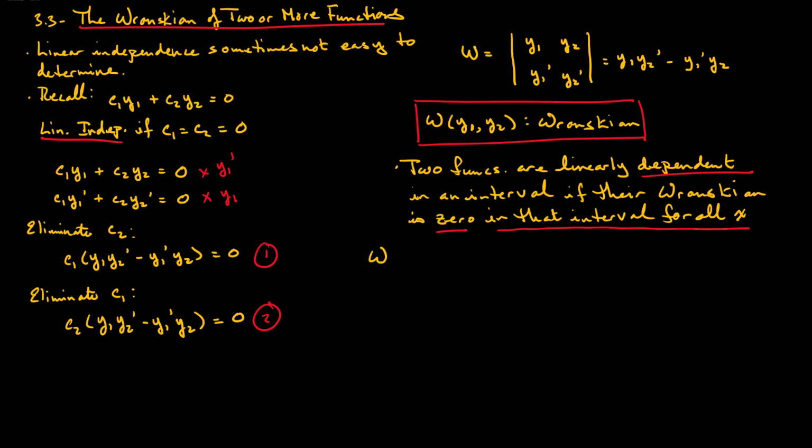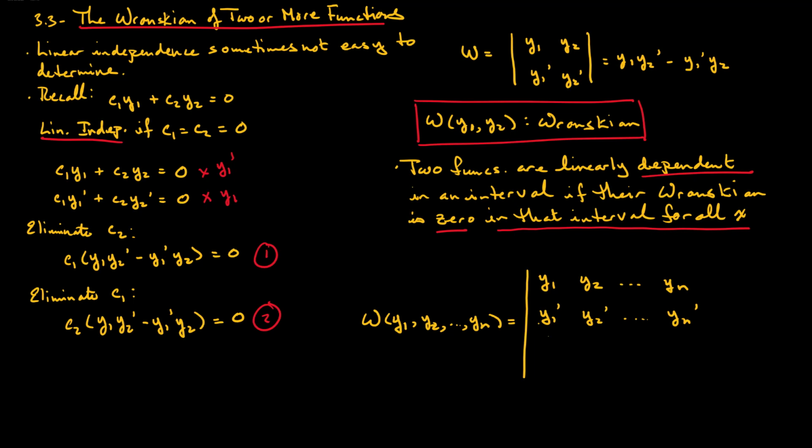So we can say that the Wronskian of n functions, y1, y2, all the way to yn, and so what I'll do here is just move this down a bit so we can write this out properly, is equal to the determinant of y1, y2, all the way to yn, and then we have the first derivative of these n functions, and then all the way to y1 to the n minus 1, y2 to the n minus 1, all the way to yn to the n minus 1.